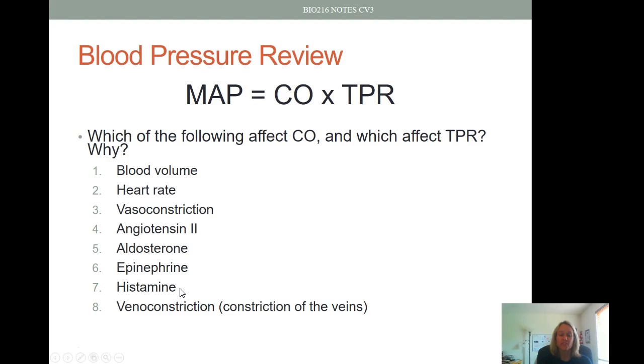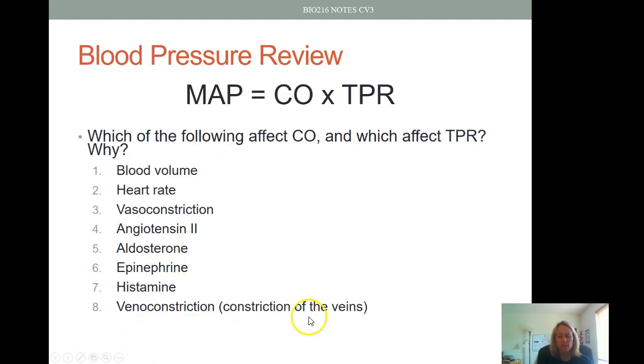Histamine is a vasodilator, so it would result in a decrease in total peripheral resistance, and that would result in a decrease in mean arterial pressure. Histamine is also going to cause dilation in the veins, and that's going to reduce venous return, decrease preload, decrease stroke volume, and that would decrease cardiac output and thus decrease mean arterial pressure.